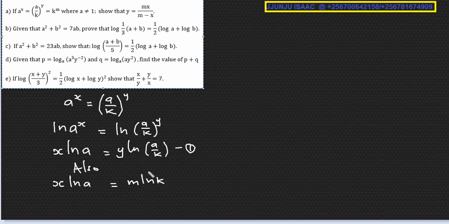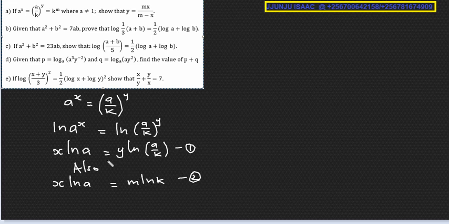That is, if I introduce natural log on the identity a^x equal to k^m, the x on a will drop down, then the m on k will also drop down. So that is equation 2. So what do you observe? Equation 1 is equal to equation 2.